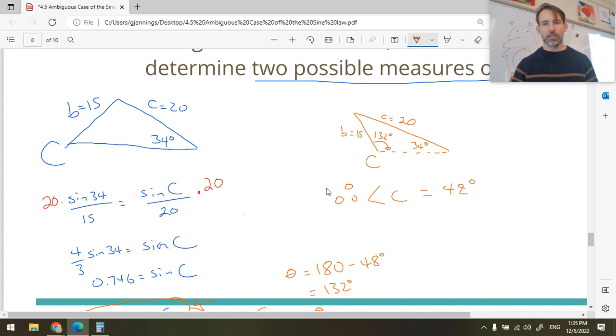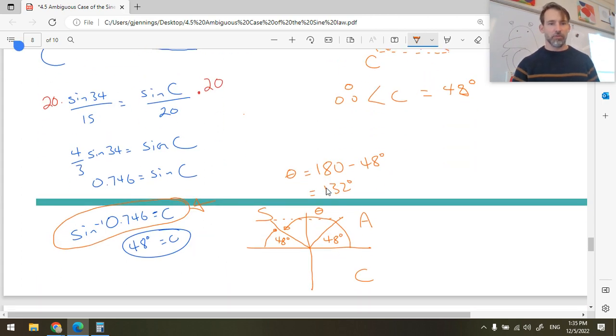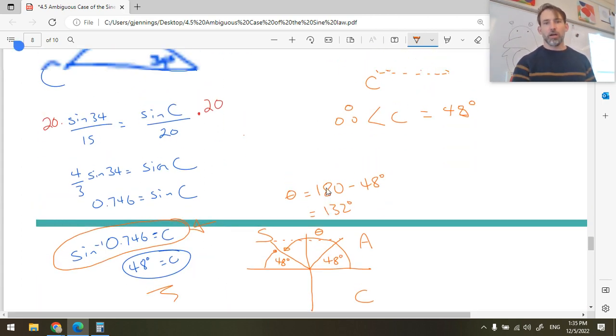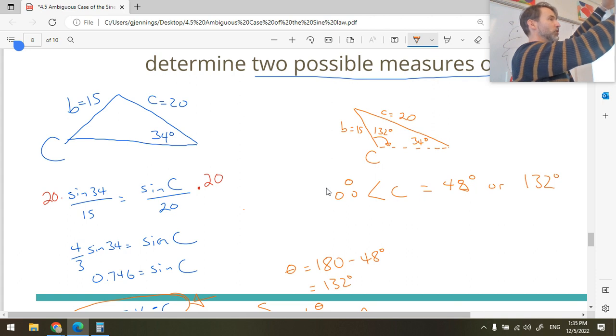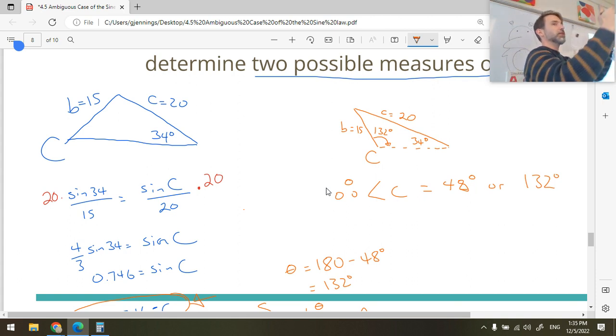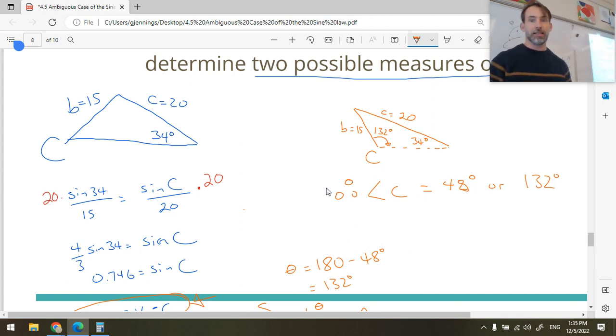Oh, sorry, 48 degrees we had. 48 degrees here, or 132 degrees. Okay, there we go. So we have to figure out two different values for angle C, and they come from two different diagrams. One looks like that, one looks like that. You can think of it, one is we're looking at the UFO in the same direction. The other one, the UFO is between us and much more dangerous. Let's keep going.